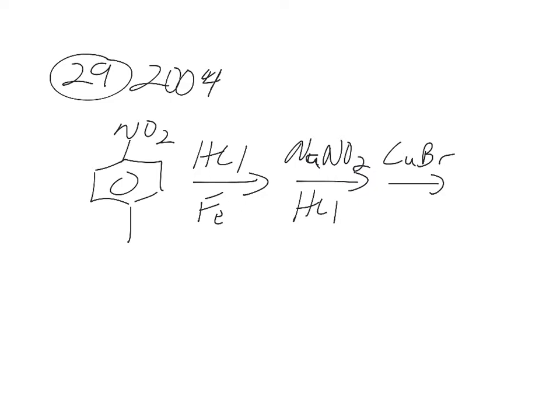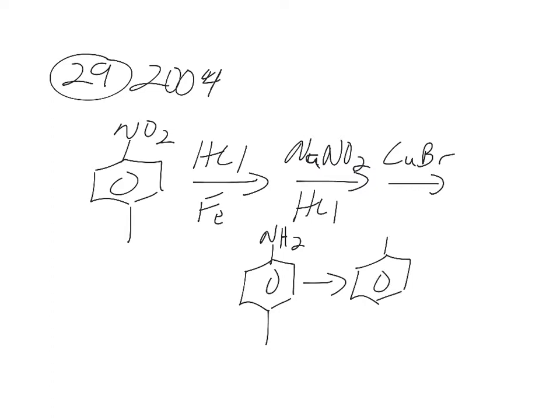Then you add NaNO2, HCl. That turns the NH2 into a diazonium salt. So we go from this one to there, and then we turn this into this diazonium salt type deal.